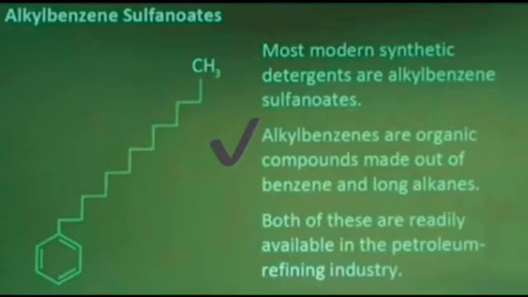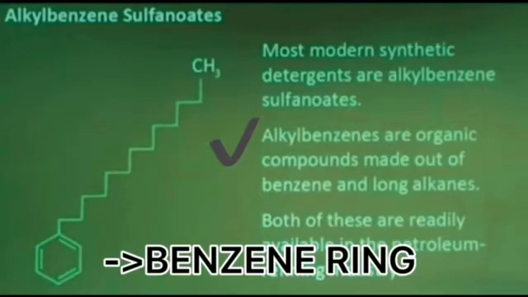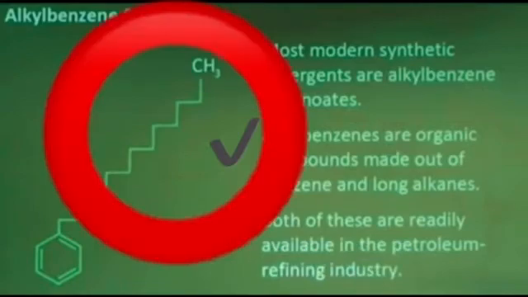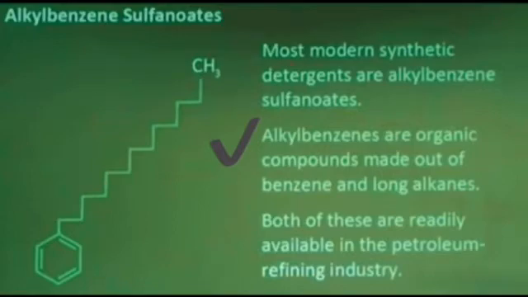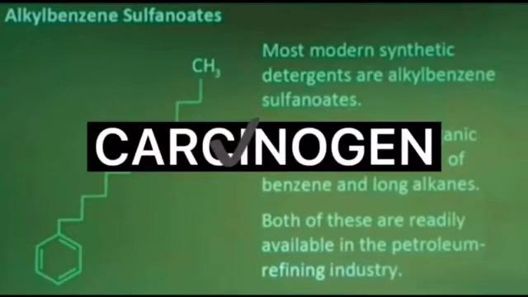As you can see, guys, there is a hexagon below. It is our benzene ring, and it's attached to a long hydrocarbon chain, right? We should remember benzene from the production of materials. It helps to make the styrene monomer, okay? It is also known as a carcinogen as well.